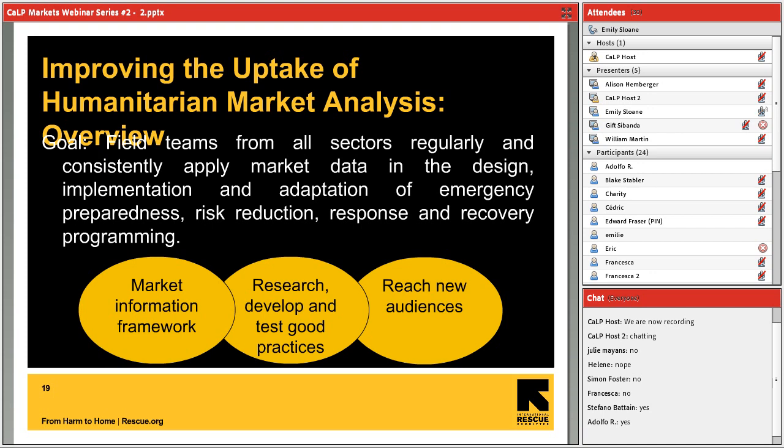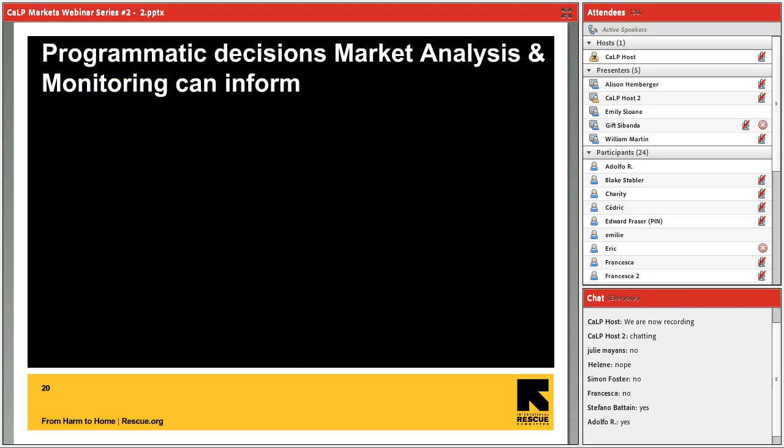The first is a market information framework that some of you may be familiar with already, and it's designed to spell out why we're doing market analysis in the first place in humanitarian contexts, and connecting key programming decisions with specific market information that's needed to make each of those decisions. And then the second is research into strategies for effectively gathering and using market information in humanitarian programming. So as I said, I'll talk about each of these briefly.